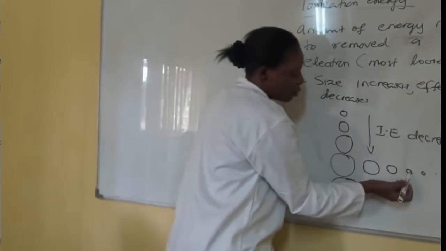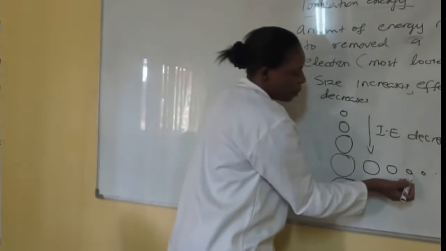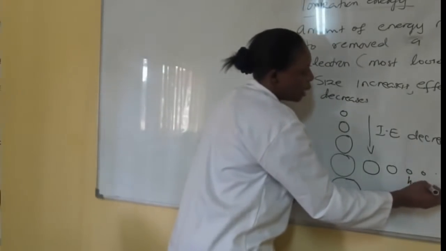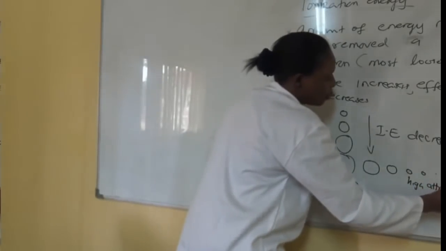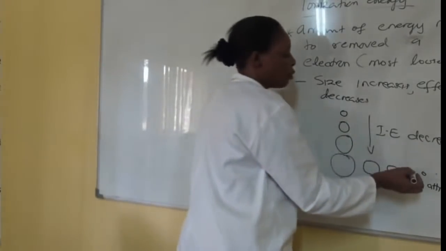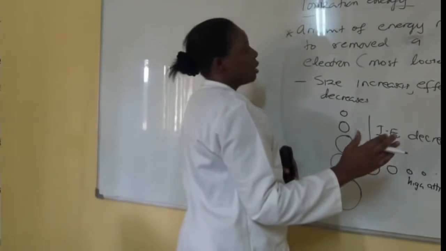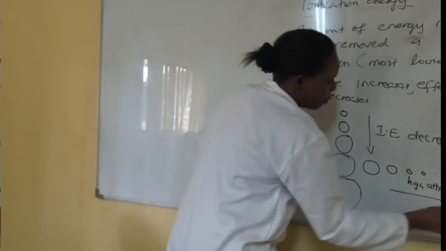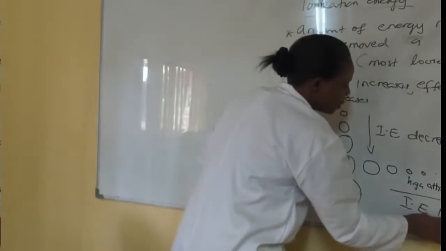So the force of attraction between the nucleus and the electron in the valence shell is high here. And if there's high force of attraction, to remove this electron you need high energy. That is why from left to right, ionization energy increases.